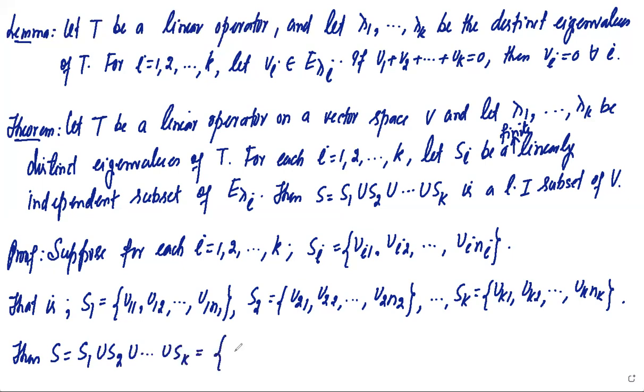Now it can be written in compact form as Vij, where 1 is less than or equal to i is less than or equal to k, and 1 is less than or equal to j is less than or equal to ni. Now we have shown that this S, which is the union of these linearly independent subsets from the eigenspaces corresponding to lambda i's, is a linearly independent subset of the vector space V.